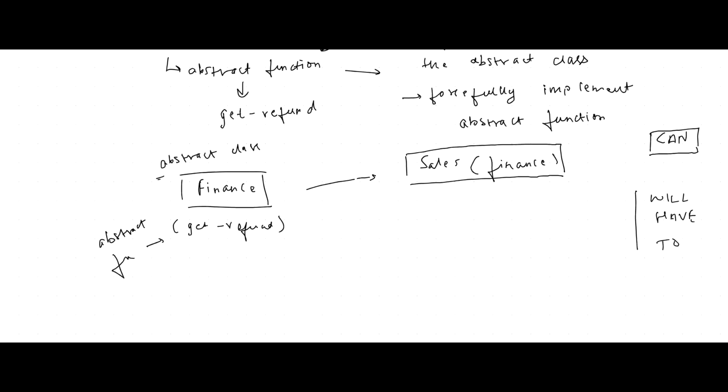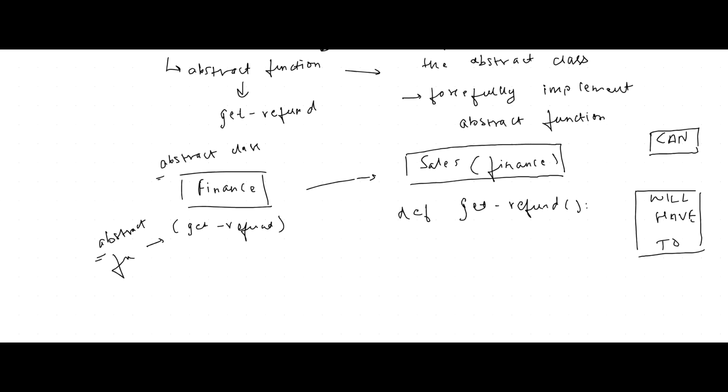And why, I will tell you. If you do not define this abstract function, you will get an error. If a child class inherits the abstract class, the child class is forced to define the abstract function.